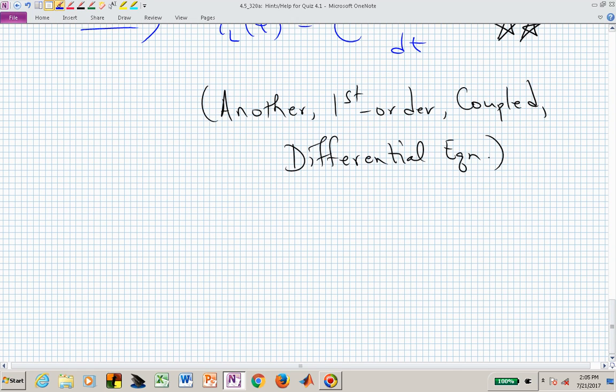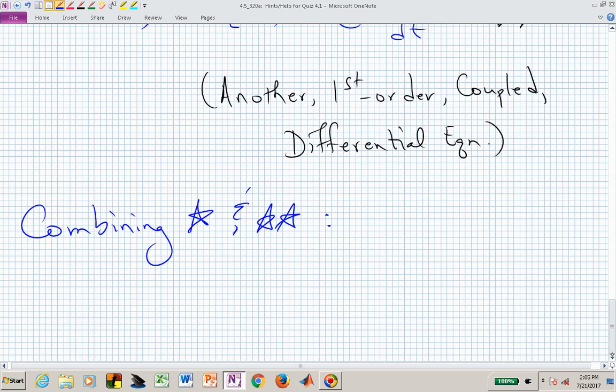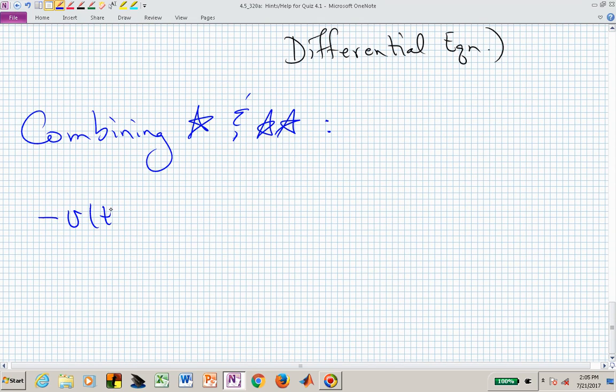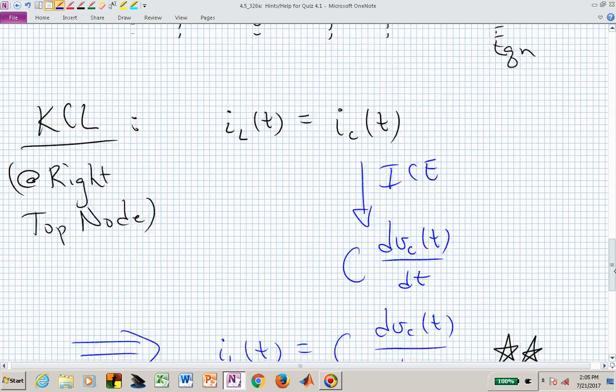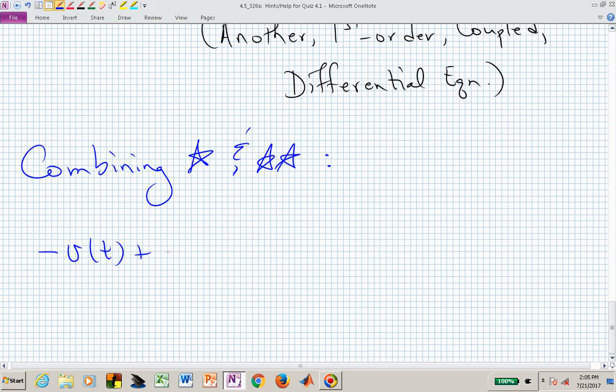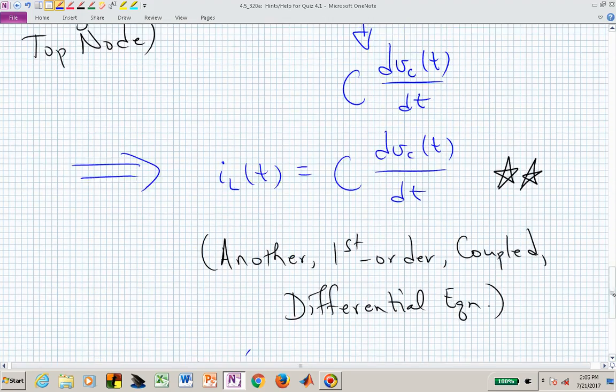If we wanted to come up with a single second order differential equation, we can actually combine the first equation and the second equation, star and double star, to end up with, starting on the left, minus V of t plus L but now we're going to replace everywhere we see I sub L of t, we're going to replace it with C dV sub C dt.